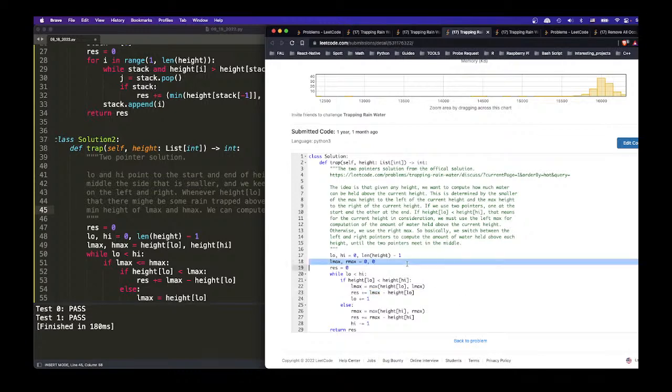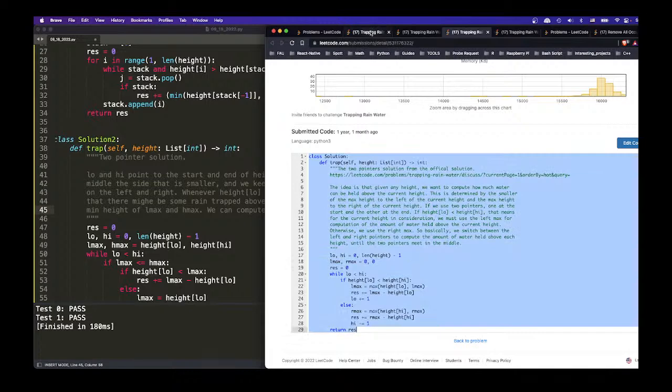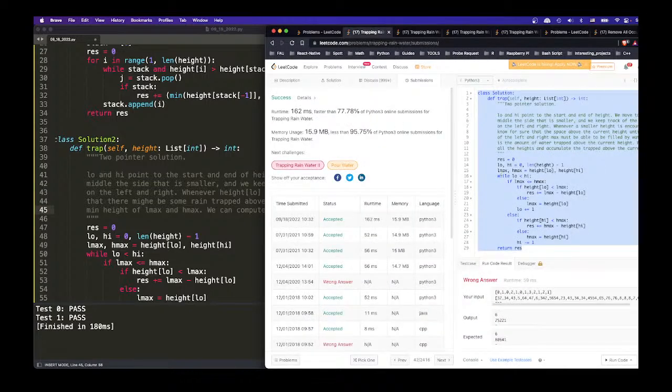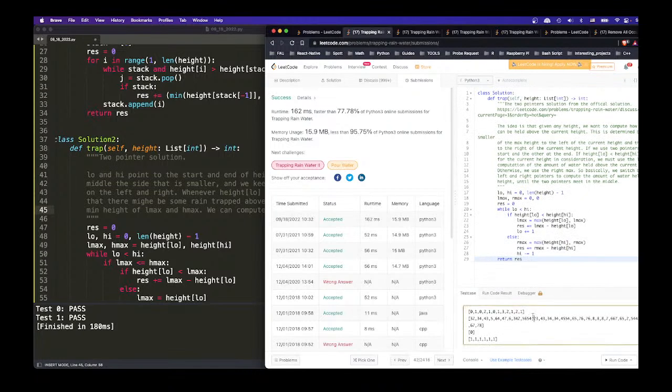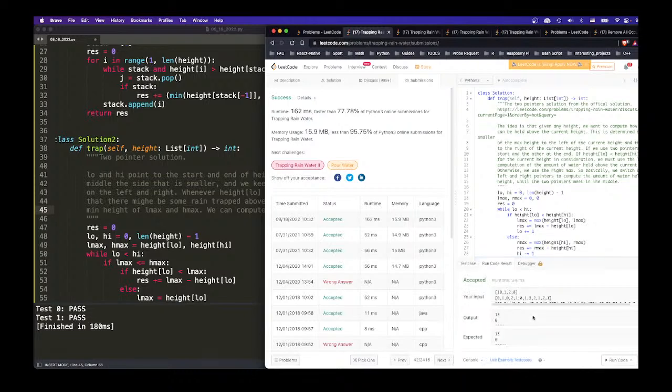How is this one correct? I'm gonna throw one. 10, 1, 2, 8. It is correct. What?